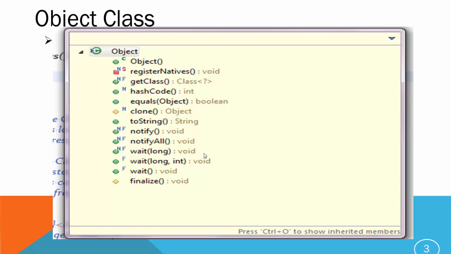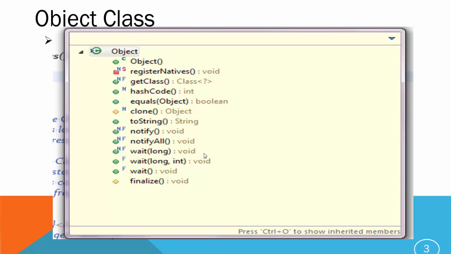Then notify, notifyAll, and wait. These four methods you will use when you go with thread programming. When you're trying to communicate from one object to another object in the form of threads, at that time you need notify, notifyAll, and wait methods.